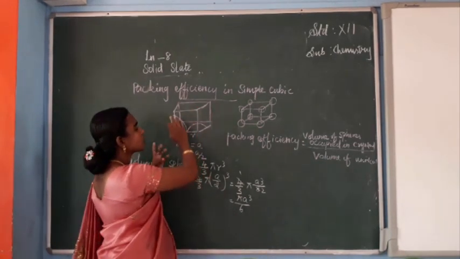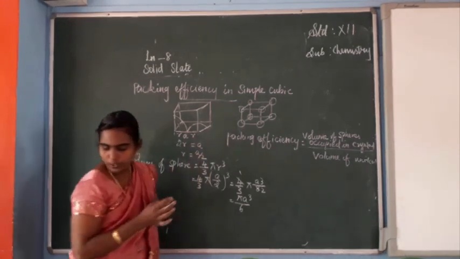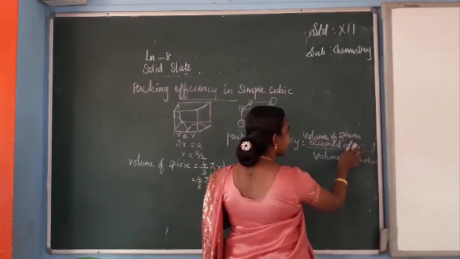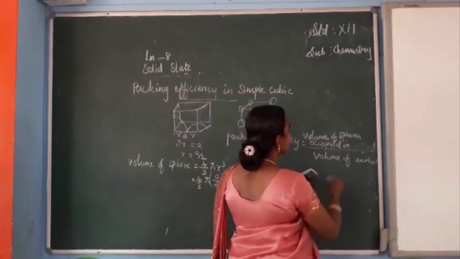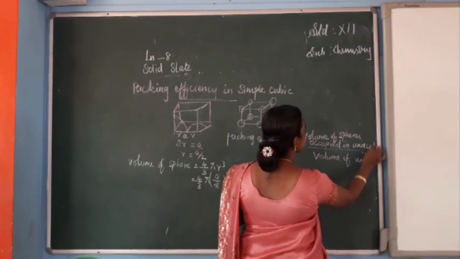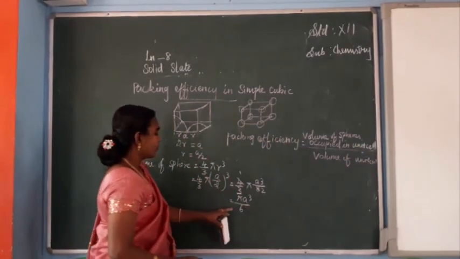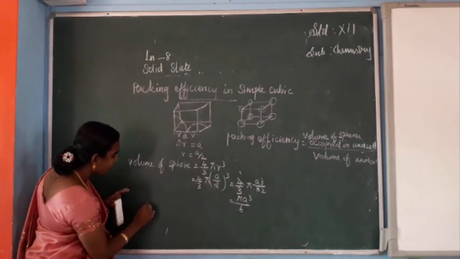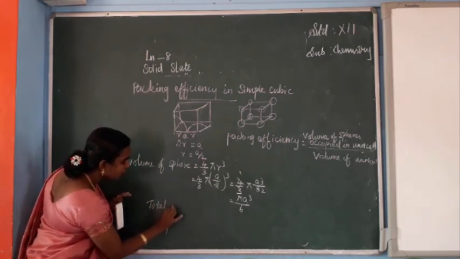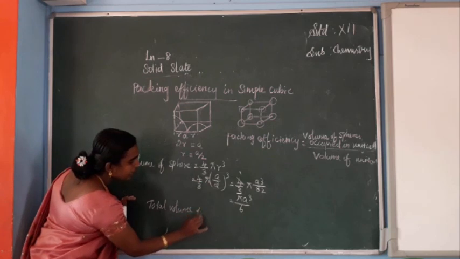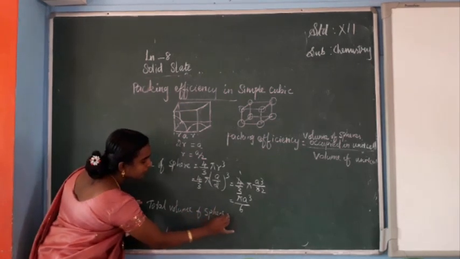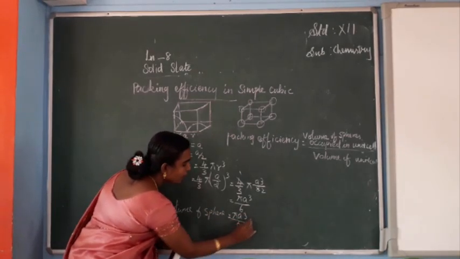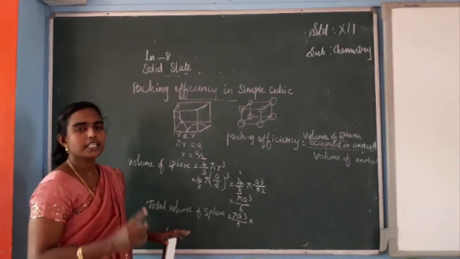But a number of spheres are present in one unit cell, so the total volume of spheres occupied in the unit cell can be calculated by this value times the number of atoms present in one unit cell.